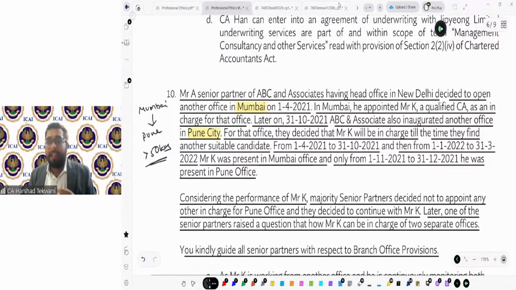If you keep cultivating a habit of answering questions in a timely manner, that habit will really help you in the exam. So whenever you have to answer a question, keep in mind how much time you have, in how much time you need to answer how many questions, and accordingly divide your time.